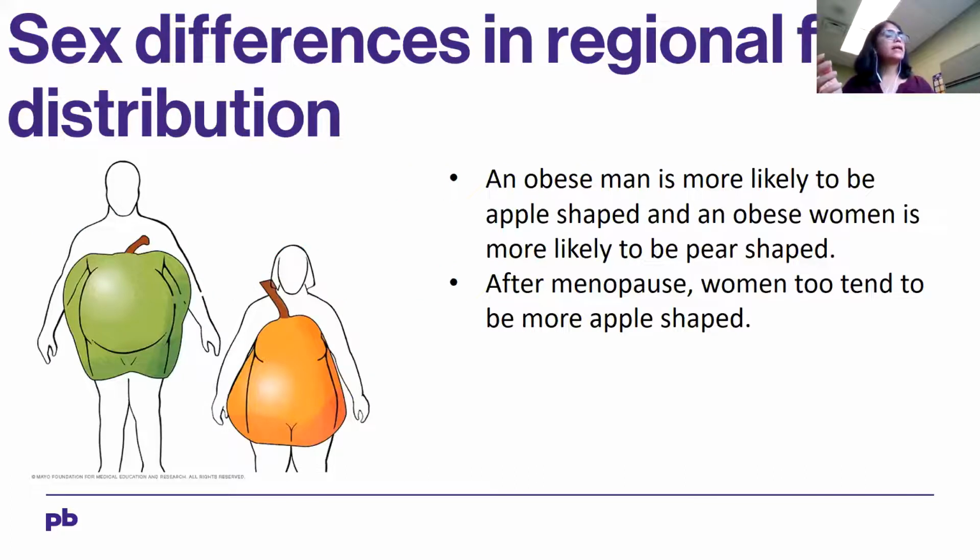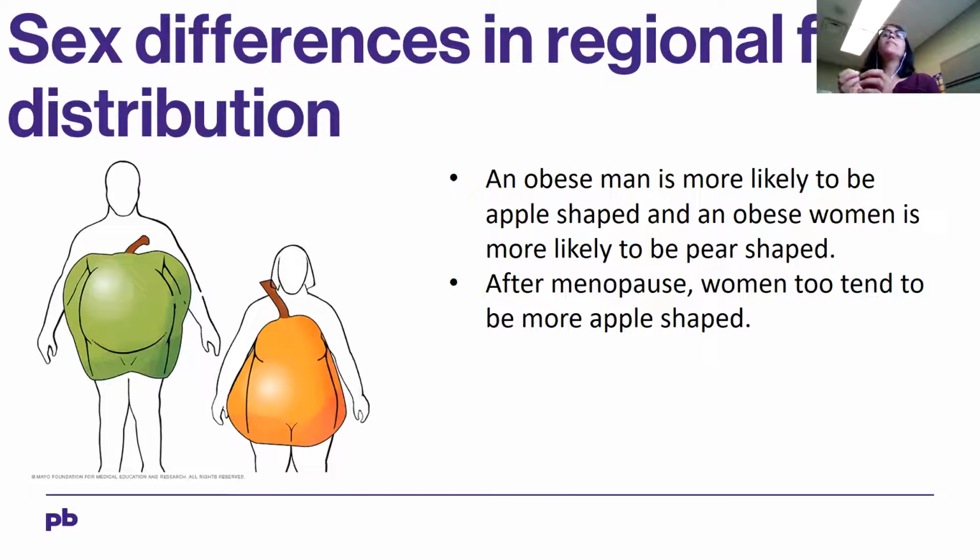Now, to understand that, let's go back and think about the apple and the pear shape, right? What is important is that there are real sex differences when you talk about the regional fat distribution. An obese man is more likely to be apple shaped, and an obese woman is more likely to be pear shaped.